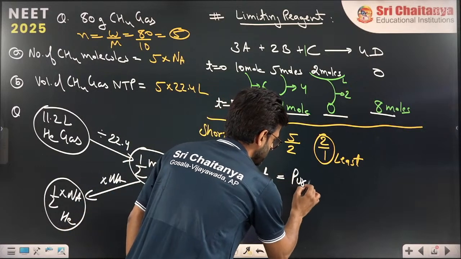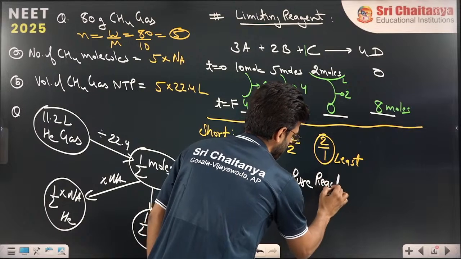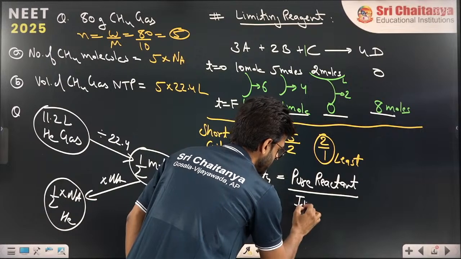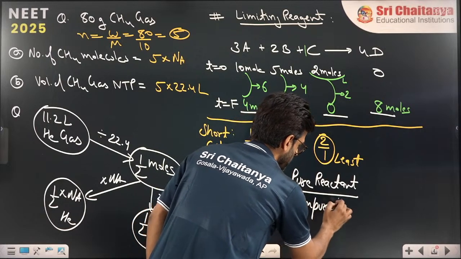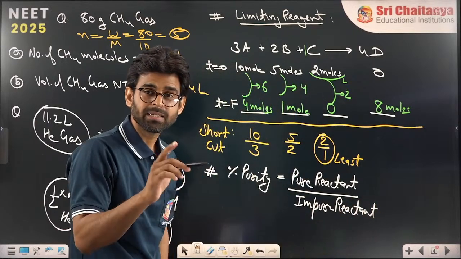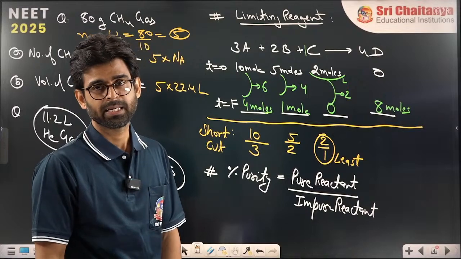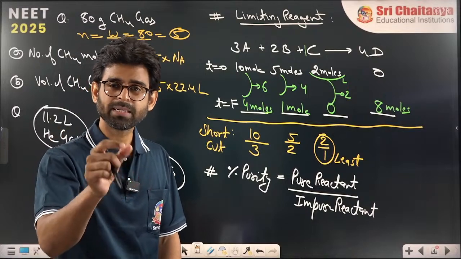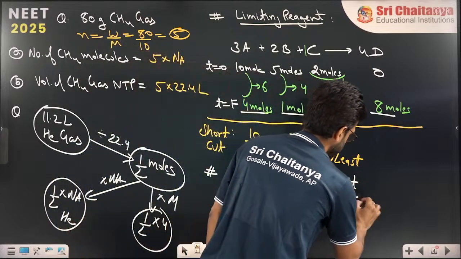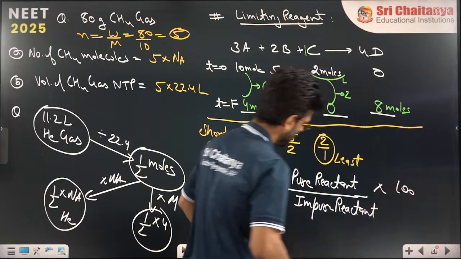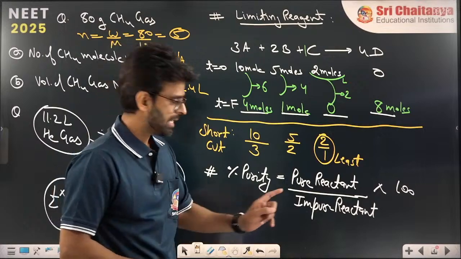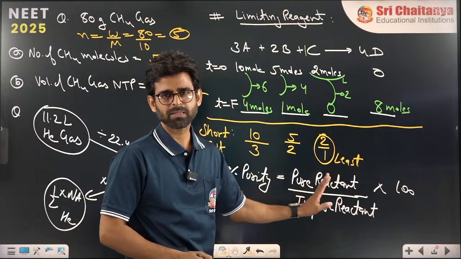Pure reactant divided by impure reactant, which is the reactant you bought from market, but it has impurities, right? So into 100. Pure reactant is what actually does the reaction. Impure reactant into 100. So very simple thing.